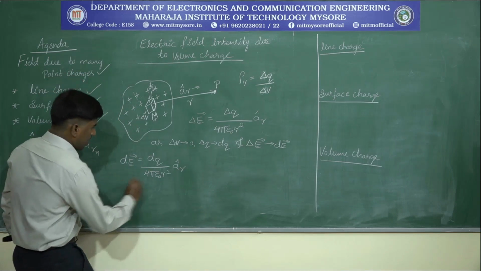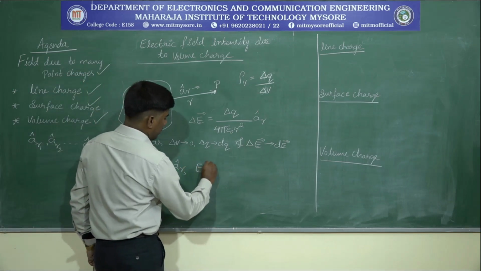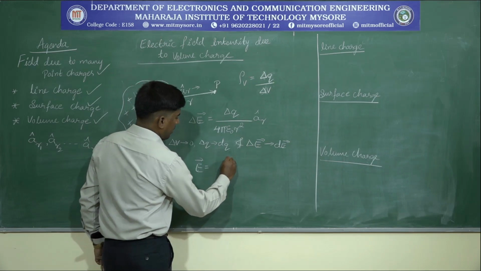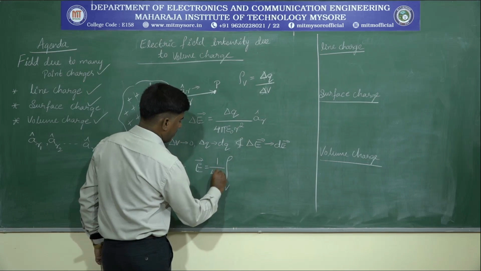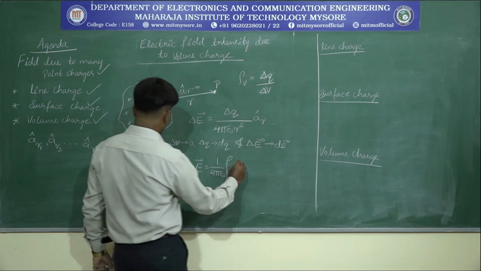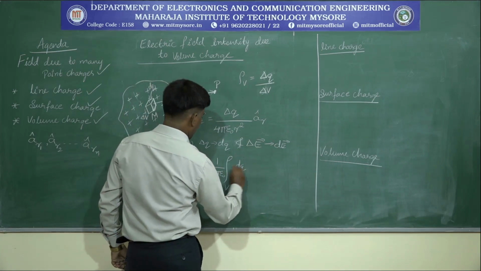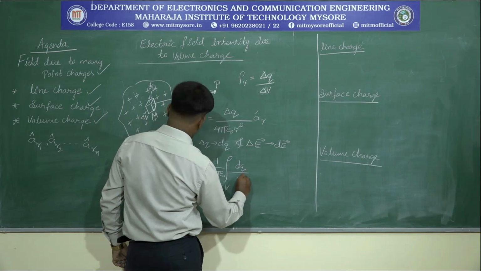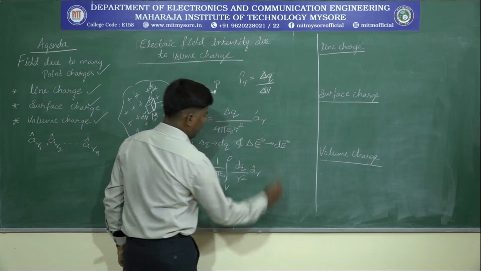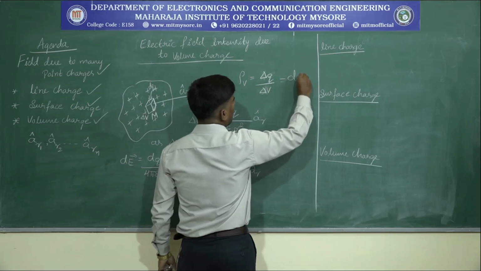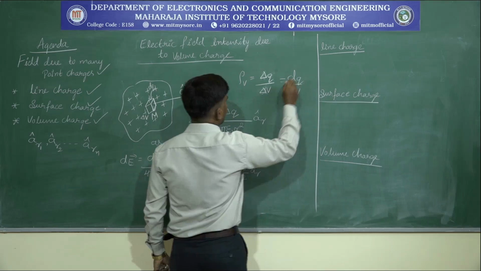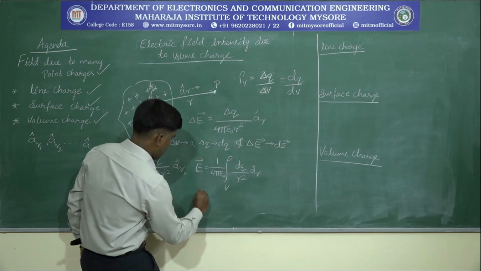So then overall electric field intensity E is given by the volume integral of 1 by 4 pi epsilon naught into dq divided by r square into a cap r. We know that dq is equal to rho v into dv.